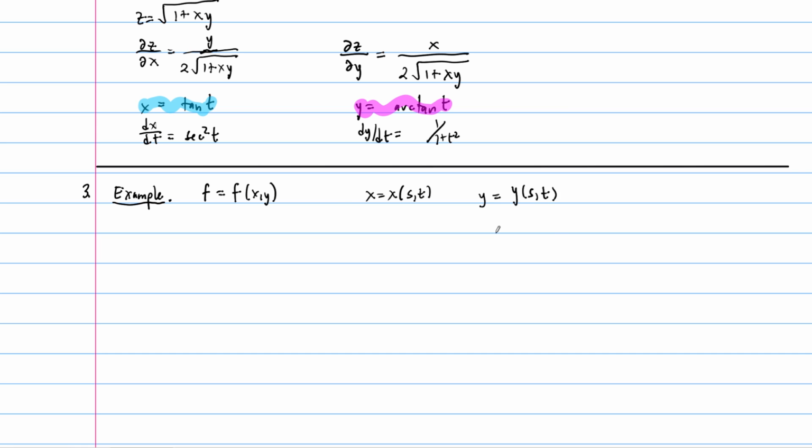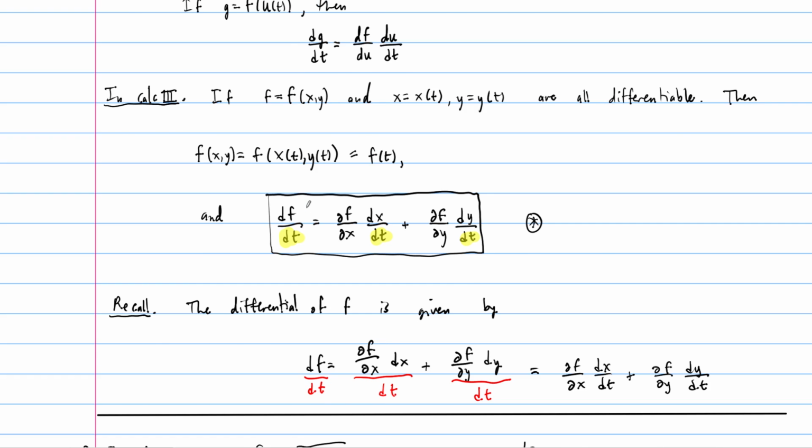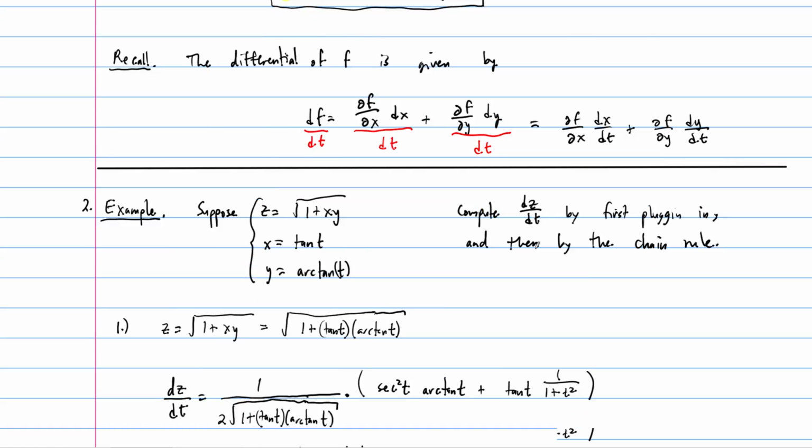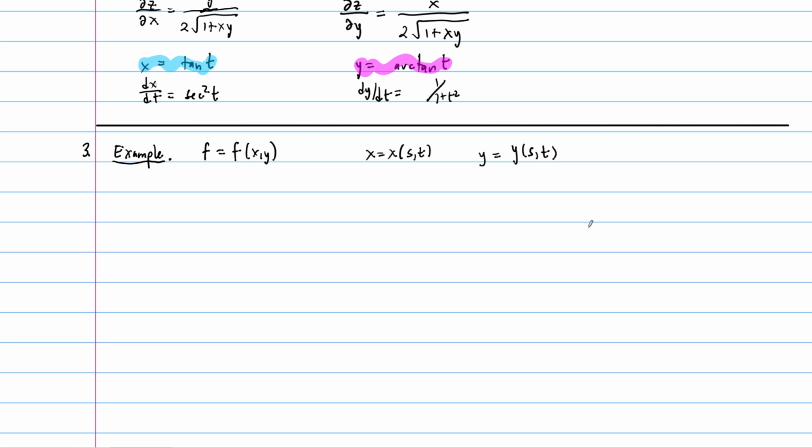And then in this scenario, we can go through the same argument that we did up above, right? So where we plug in the component functions into the function f and end up with a function of different variables. And this is the chain, right? The chain link in some sense. So here we have f is going to be equal to f of x y, of course, right? And then we just plug in one at a time.